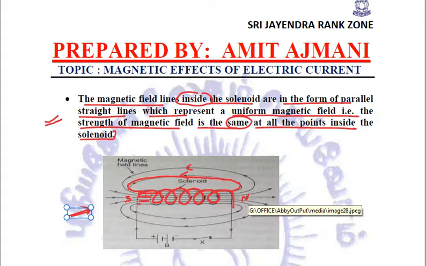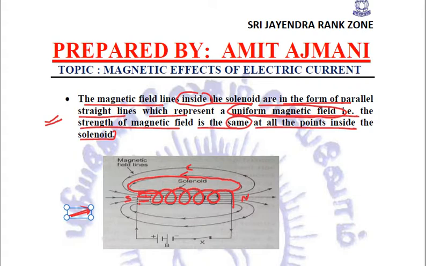The next important thing to remember is that the magnetic field lines inside the coil of a solenoid are always parallel to each other, and because they are parallel to each other, which means there is a uniform magnetic field inside the coil of a solenoid.